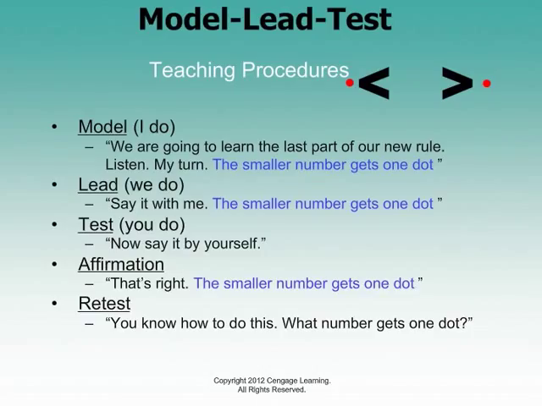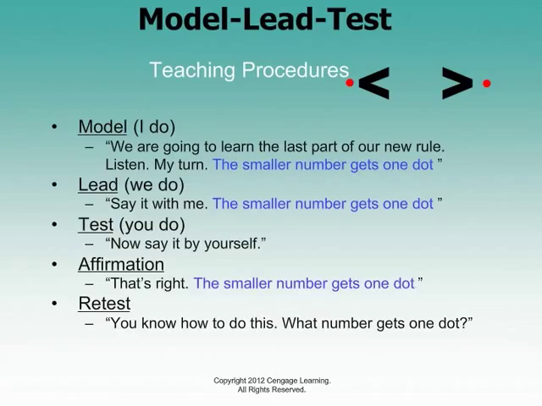Okay, class, we're going to learn the last part of our new rule. The smaller number gets 1 dot. Say it with me. Great. The smaller number gets 1 dot. Say it by yourself. That's right. The smaller number gets 1 dot. So you know how to do this.